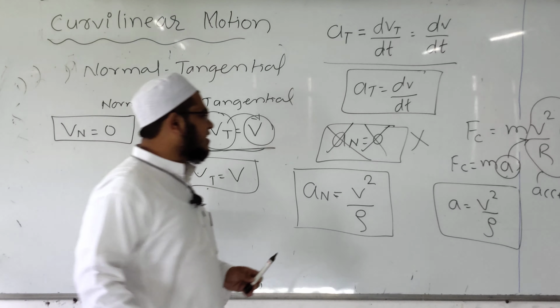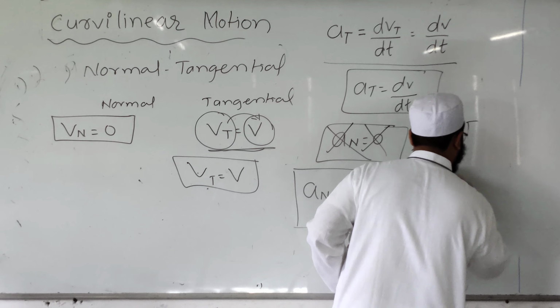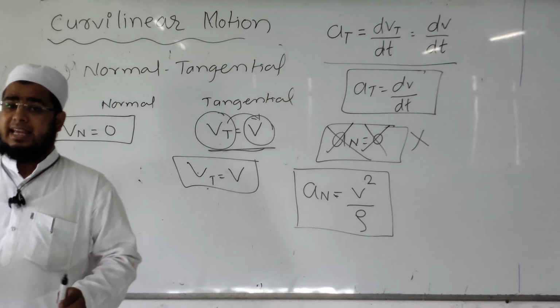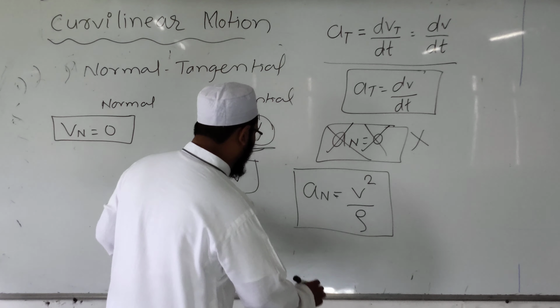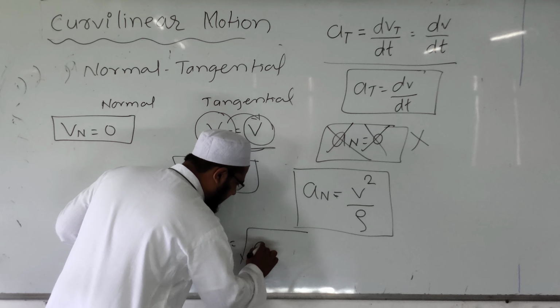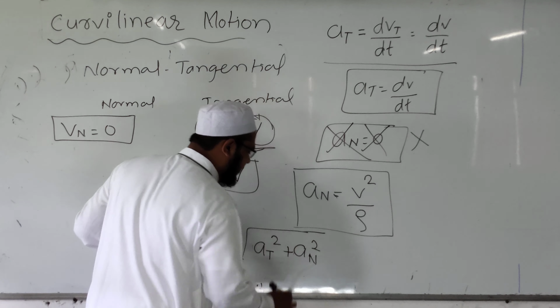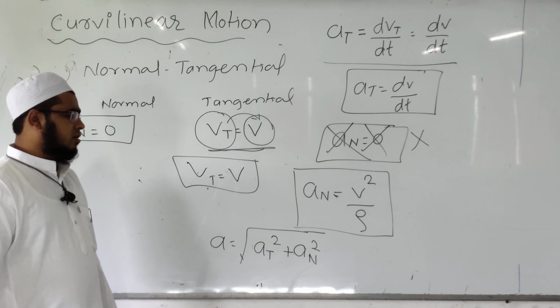So now the acceleration has two components. The first component is at, and the second component is an, and both have values. If I require the total acceleration a, then it must be the square root of at square plus an square.